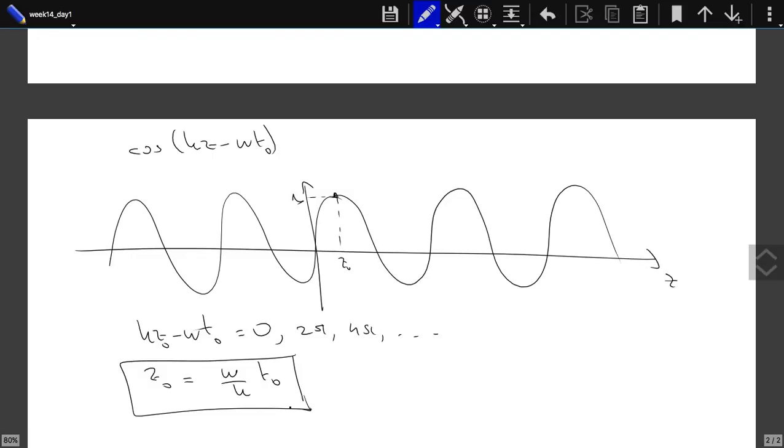So what this basically means is that this is how this function looks in space at a given time t0. I can just look at it at a later time. But at a later time, if I increase t0, z0 is also increasing. And the position of z0, that is this maximum, is always at omega over k times t0, whatever the value of t0 is. So as a function of time, this shape will basically move in this direction. Do you agree?